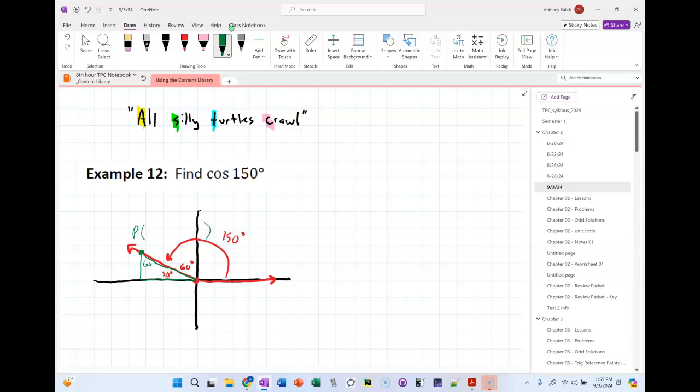I know the ratio of side lengths for a 30-60-90 triangle. So they would be a, a root 3, and 2a, right?